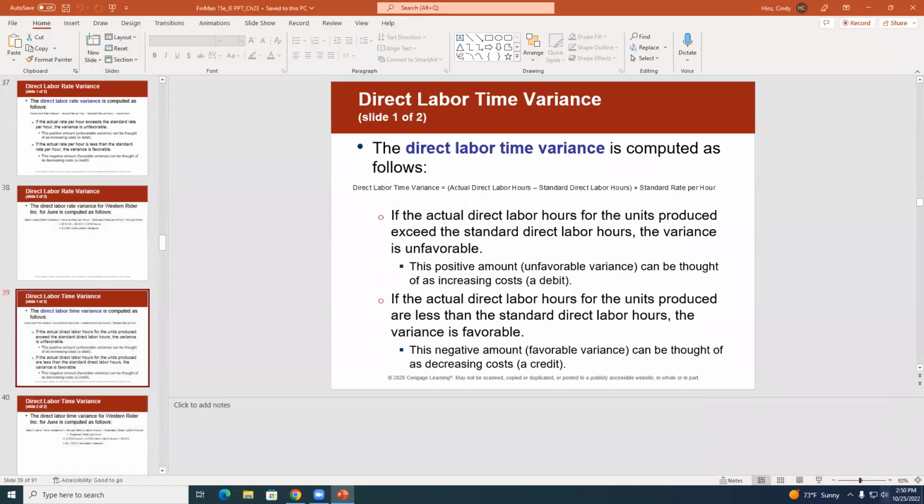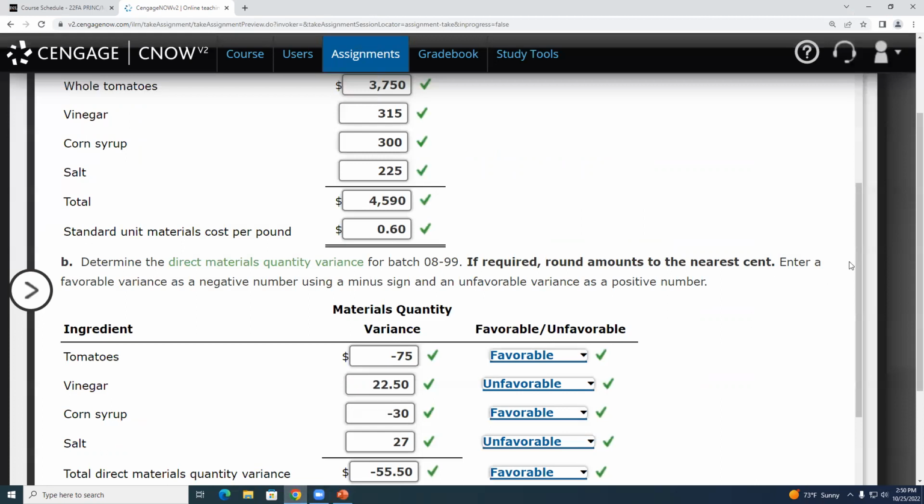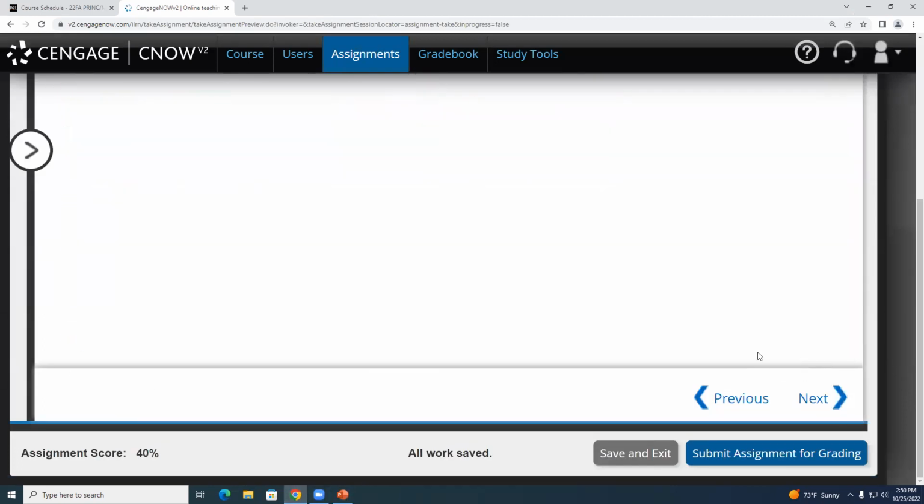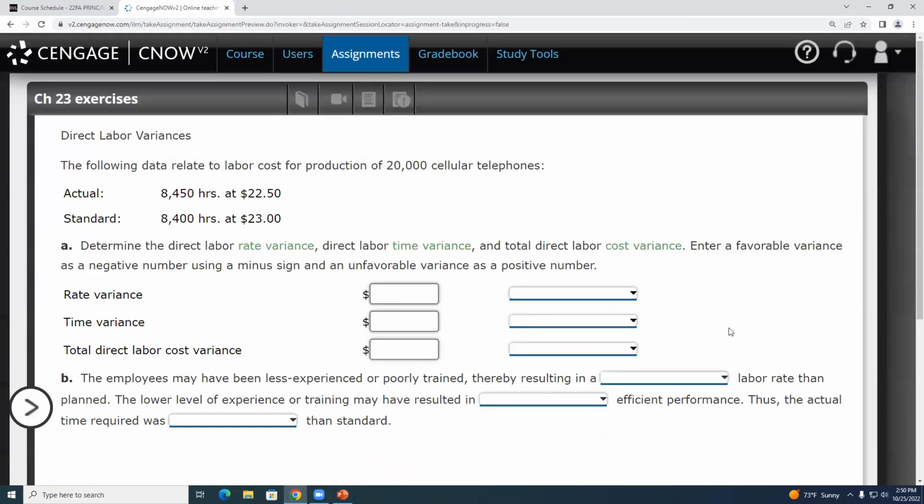And so let's go to exercise 5. The following data relate to labor cost for production of 20,000 cellular telephones. We have our actual hours and our standard hours, our actual quantity, the price, the rate that we're paying our workers on average, and the standard.